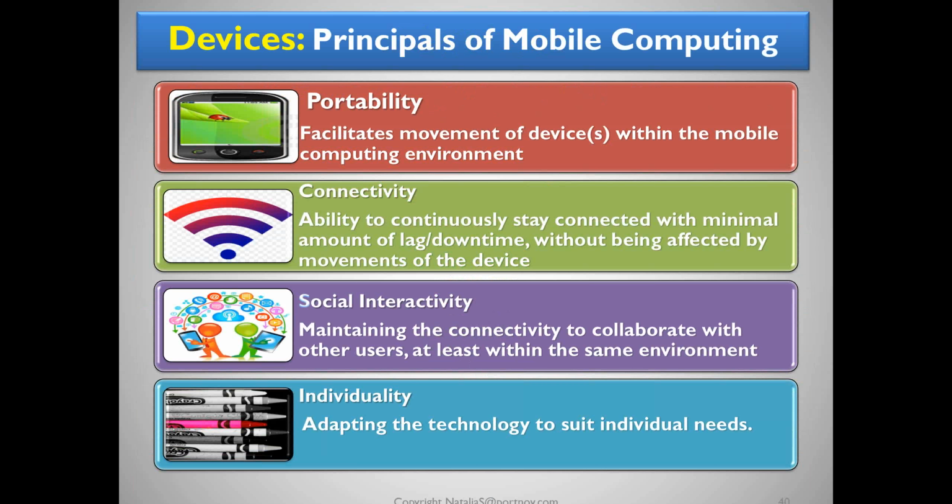Connectivity: the ability to continuously stay connected with a minimum amount of lag and downtime, and without being affected by movements. Social interactivity: maintaining this connectivity to collaborate with other users or at least within the same environment. And individuality: adapting the technology to suit individual needs.